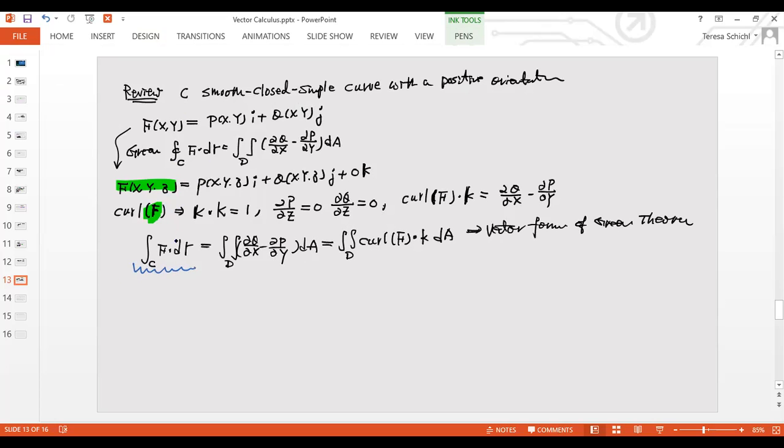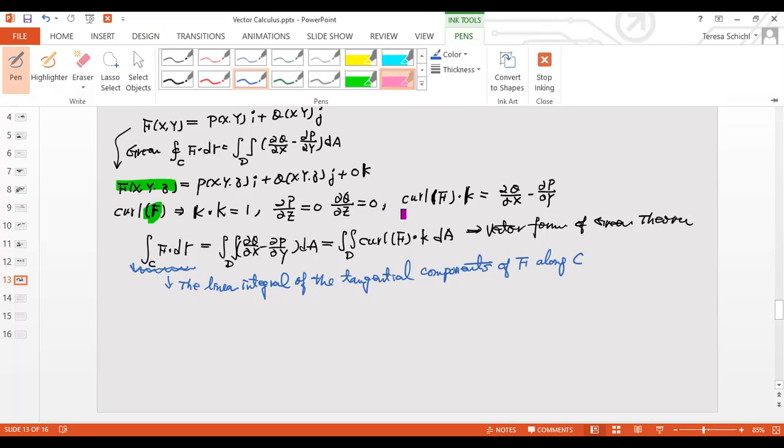So this is the line integral of the tangential components of F along the C. That's from our previous definitions, right?